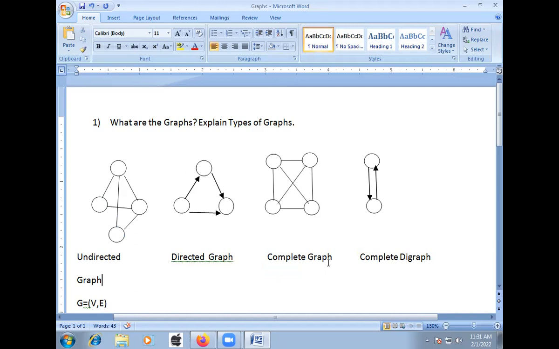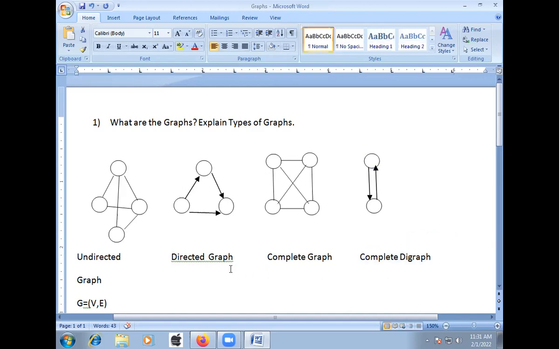Next, what is a complete digraph? Each and every node is connected to another node with orientation, meaning the direction is specifically represented. Such a type of graph is called a complete digraph.